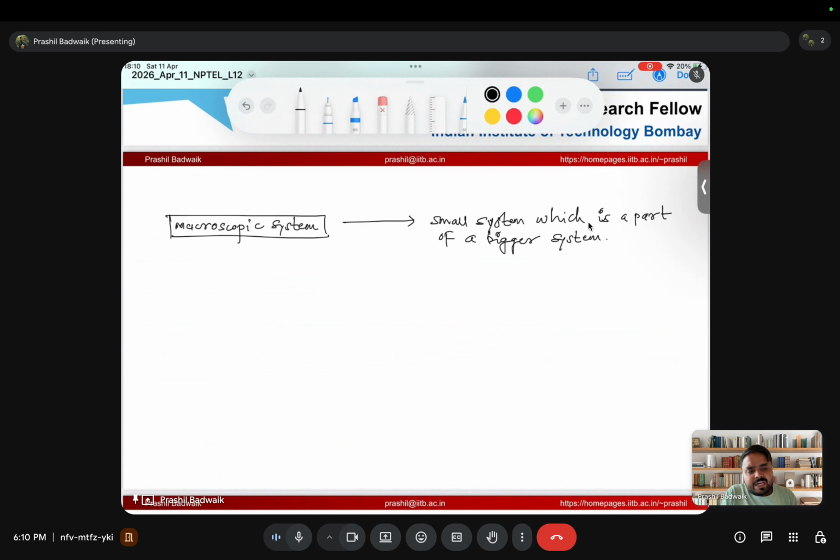Again, to give you a real life example, consider ice. This is ice, all of you have seen, and it is kept on a surface.